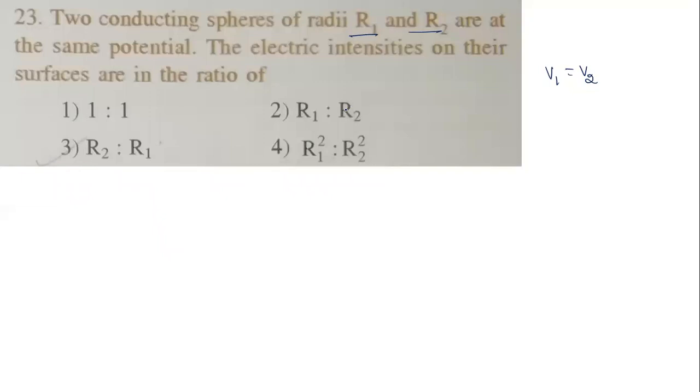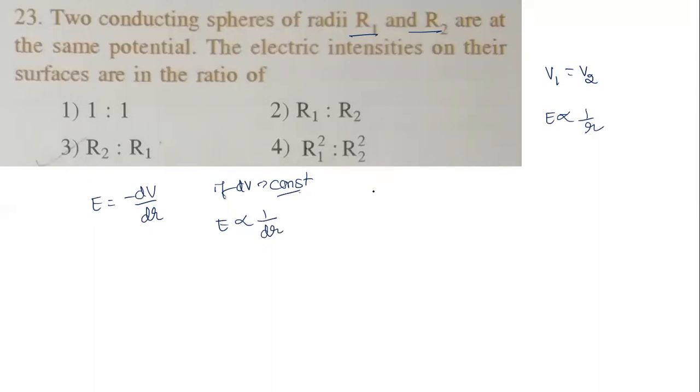Since the electric potential is the same, can we say the electric field is proportional to distance? Because we already know the electric field is given by minus dV by dr. As I told you, if dV, the difference in potential, is constant, then I can say the electric field is proportional to 1 by dr. dr is nothing but distance, right?